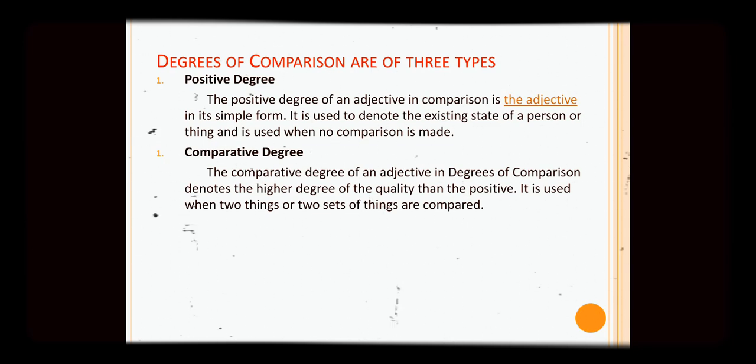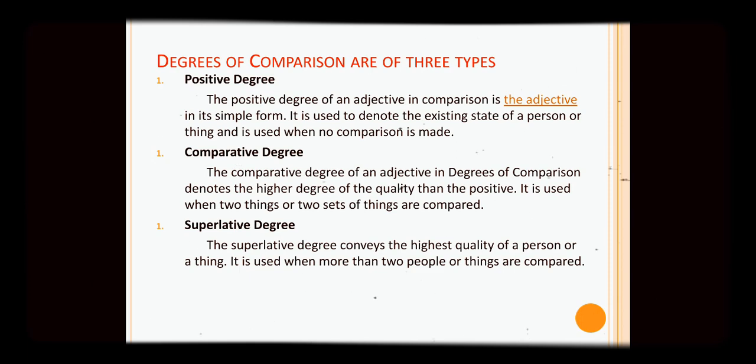So here in this comparative degree, mainly two things or two sets of things are compared with the help of adjectives. Let us try to understand the third one, superlative degree. Superlative degree conveys the highest quality of a person or a thing. It is used when more than two people or things are compared.